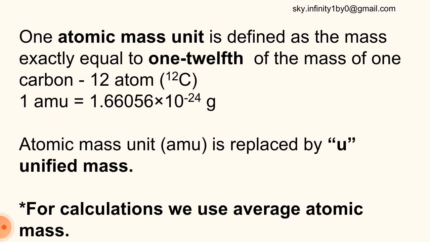For one particular carbon, the number of protons and neutrons will total 12. And for some carbon, the total number of protons and neutrons will be 14, which will further impact the mass of that particular atom.